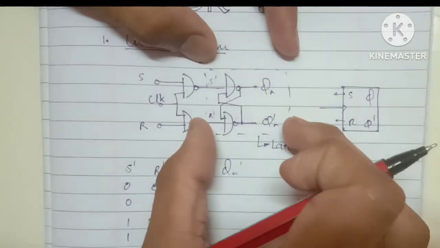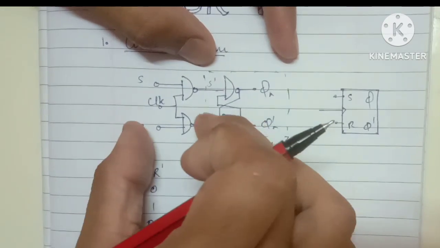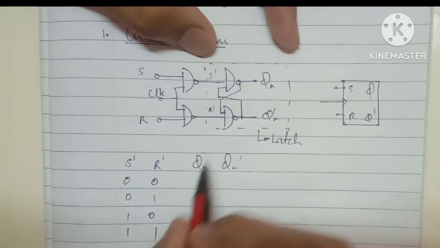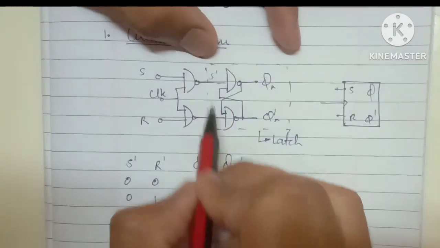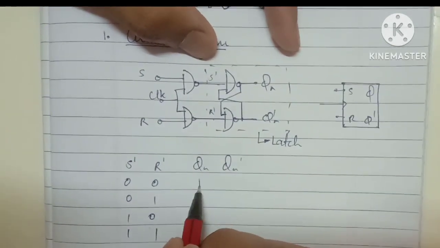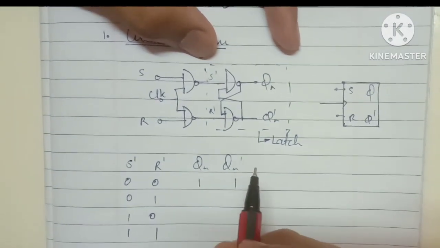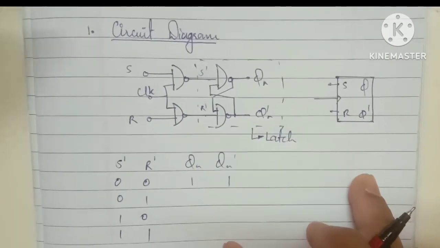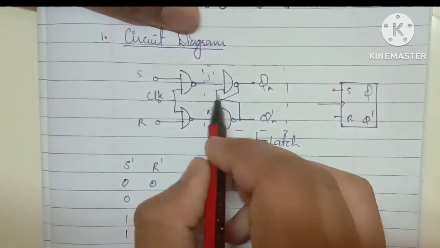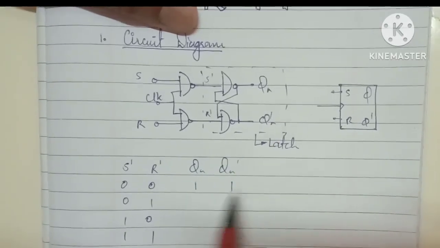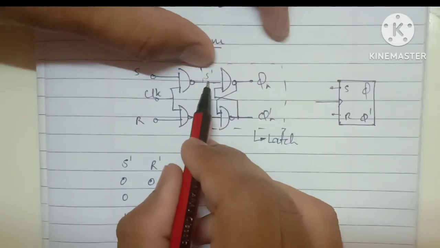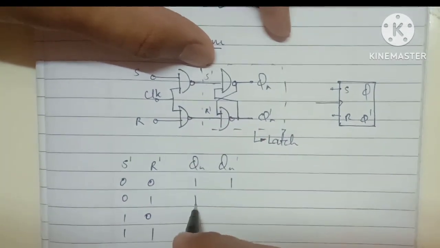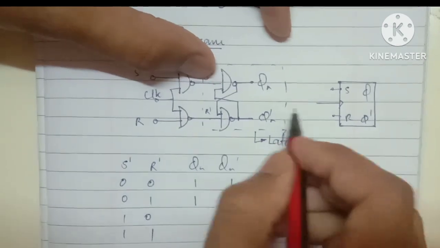So how is this related, and how does this part get its output? If any of the inputs is 0, it will give you high only, because any input to the NAND gate being low directly gives high. So when both inputs are 0, both outputs will be high, meaning 1. Now this part is 0, so any input to the NAND gate being 0 will give you high. This one will come here, and 1 and 1 will give you 0.